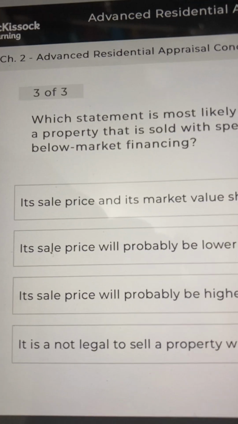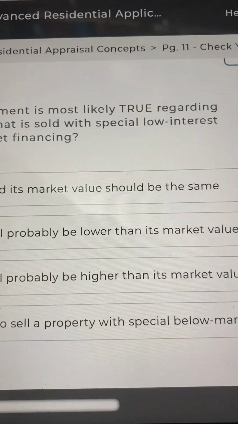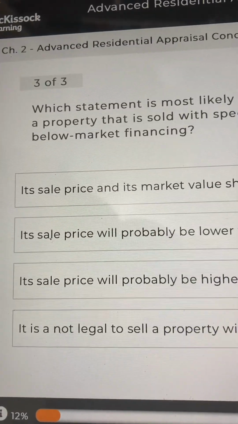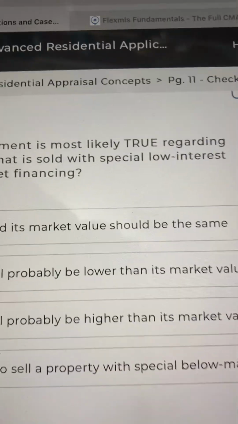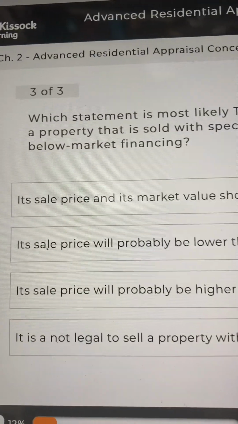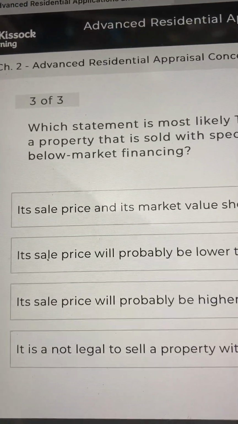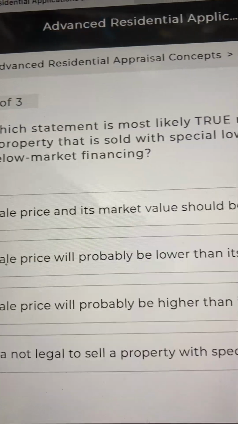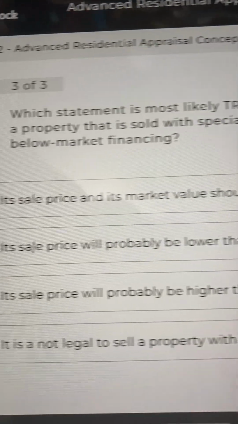And lastly, number 3, which statement is most likely true regarding a property that is sold with special low interest below market financing? A, its sale price and its market value should be the same.